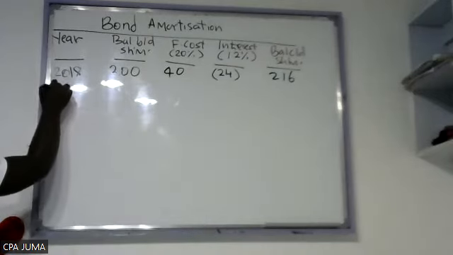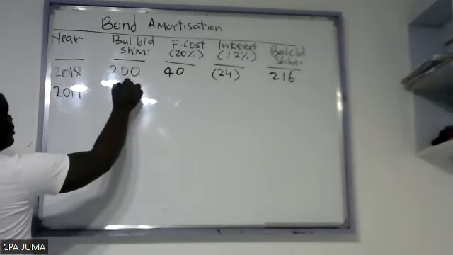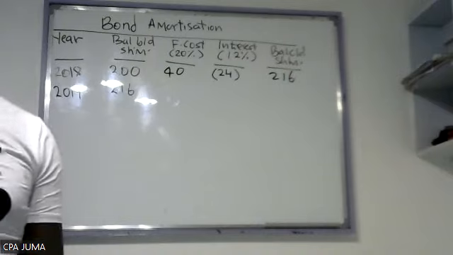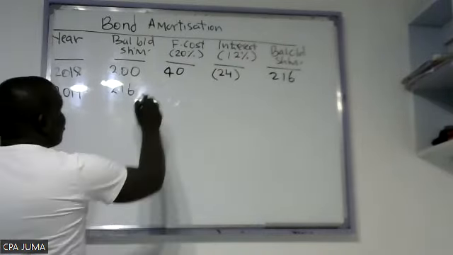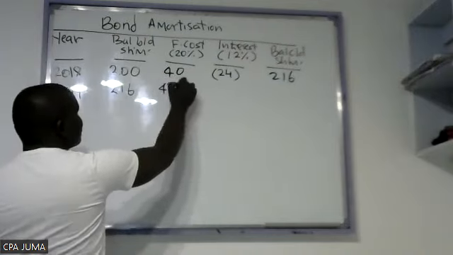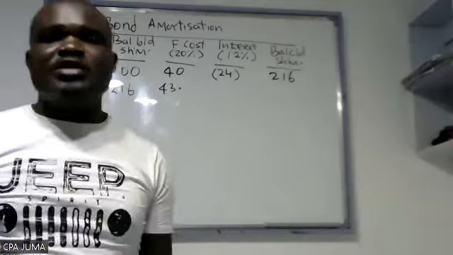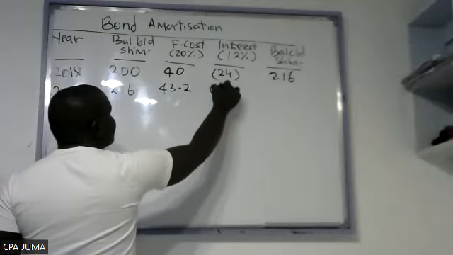So 2019, which is the last year, is 216. You take 20%. So 20% of 216 should be 43 point something. 43.2.